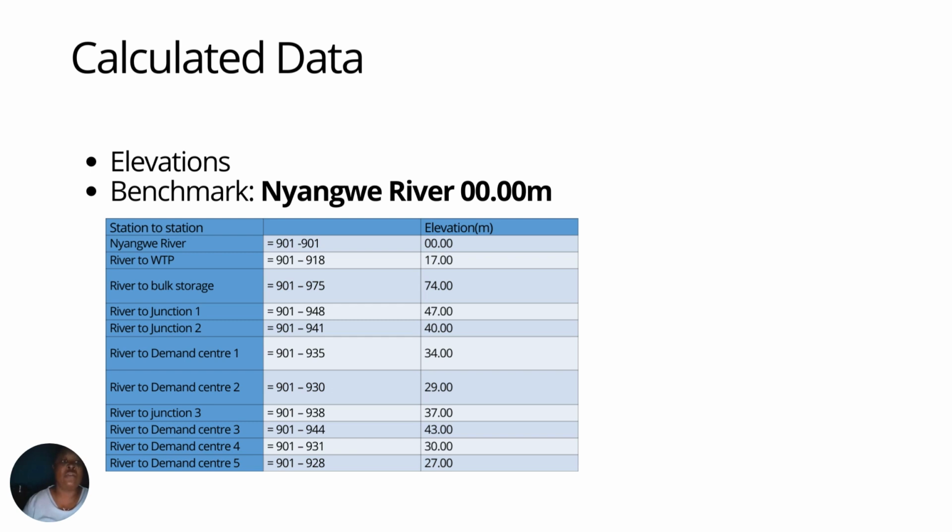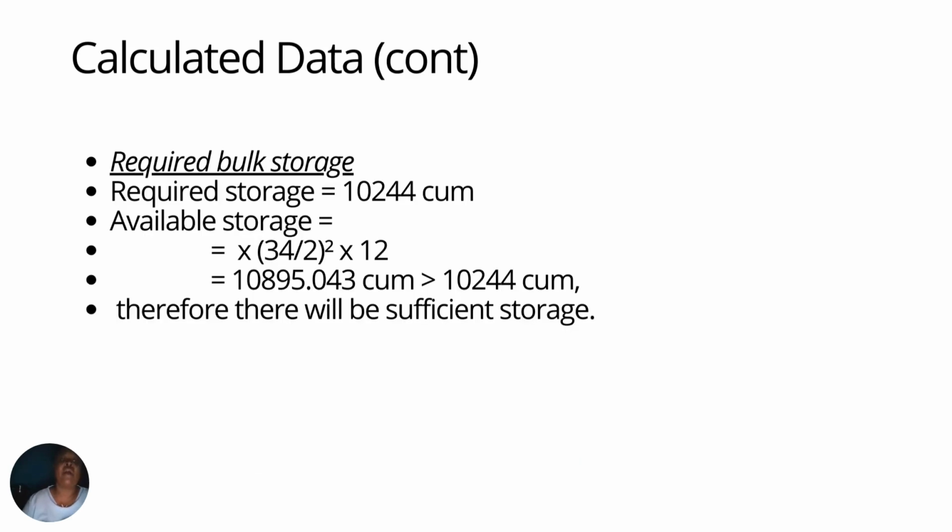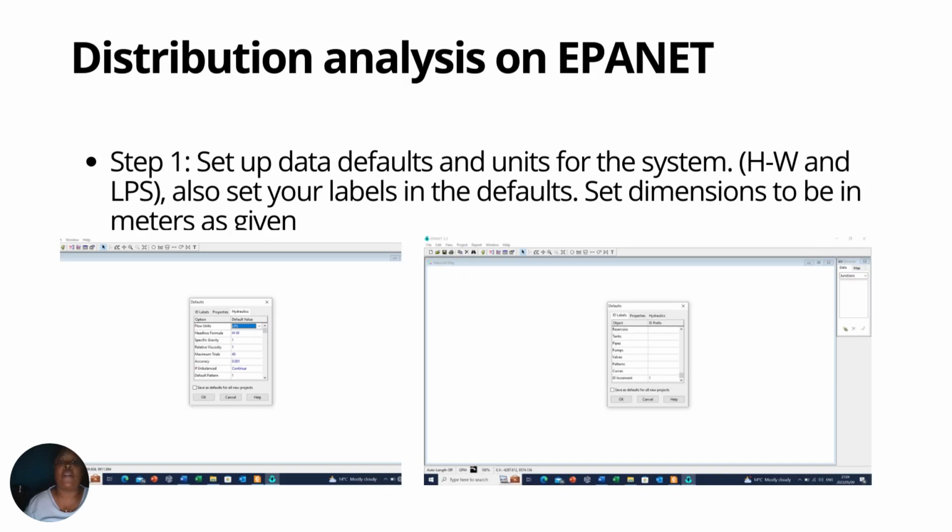The elevation from the river to the water treatment plant was found to be 17 meters, river to the bulk storage 74 meters, etc. Now, the required bulk storage is given in the project brief as 10,244. The available storage as calculated is greater than the required storage. Therefore, there will be sufficient storage.